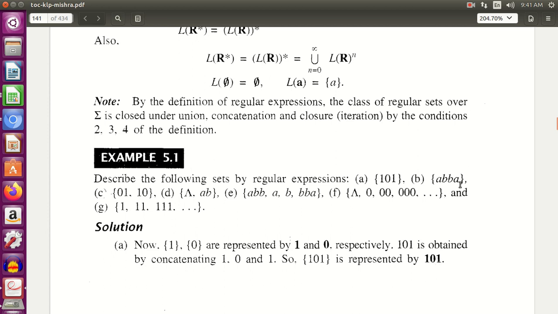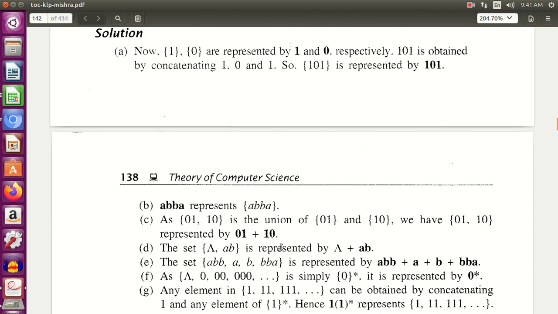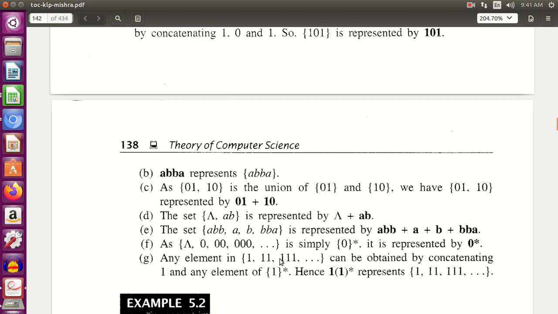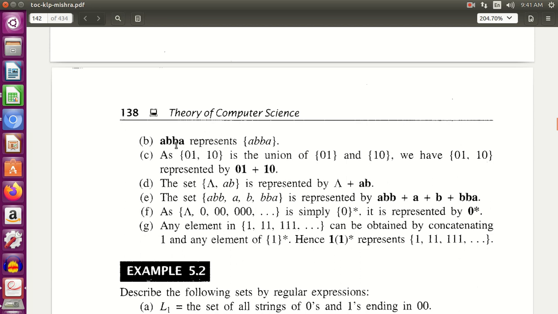Similarly, ABBA, if it's the language, the regular expression is going to be ABBA in bold fonts. Again, for the set 0110, we can write this as 01 plus 10 in bold fonts. This will be the regular expression.